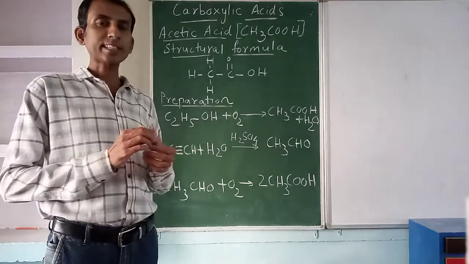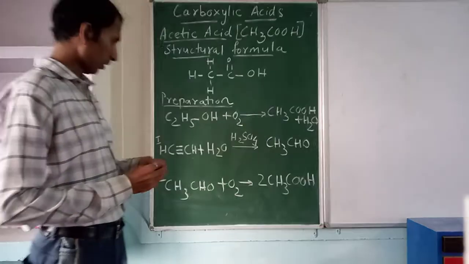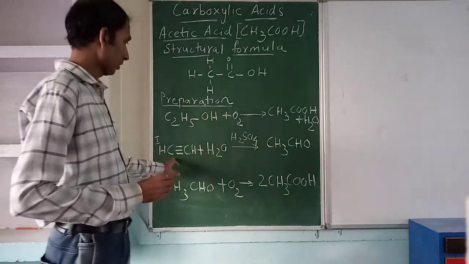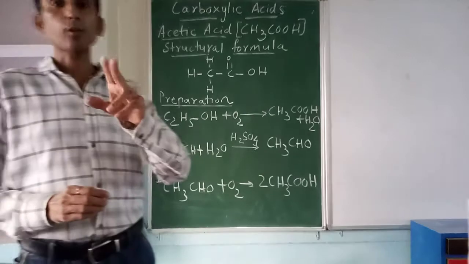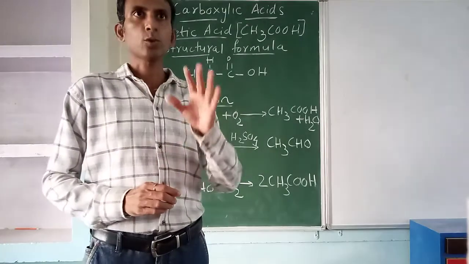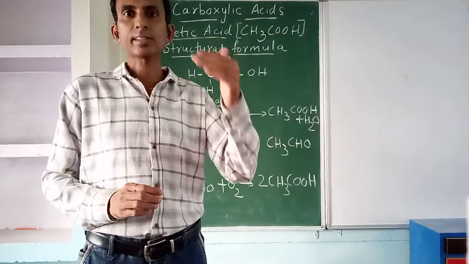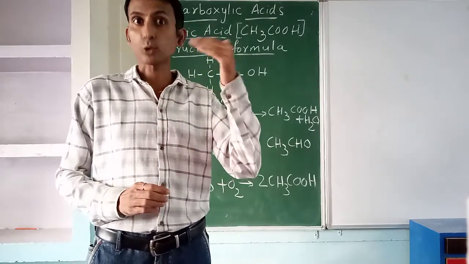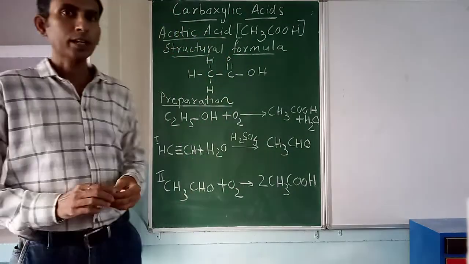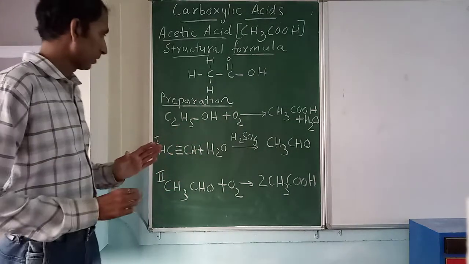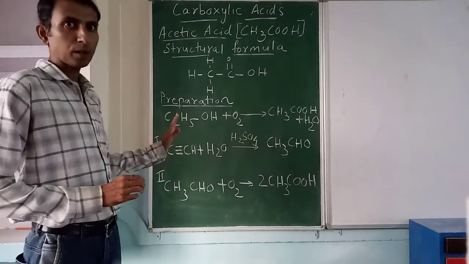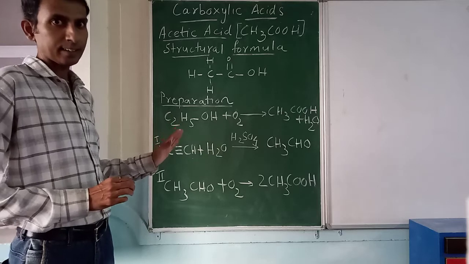In our textbook they have given the molecular formula C2H2, so it becomes slightly difficult to understand how the reaction takes place. So I have simplified it by writing the structural formula for ethyne.